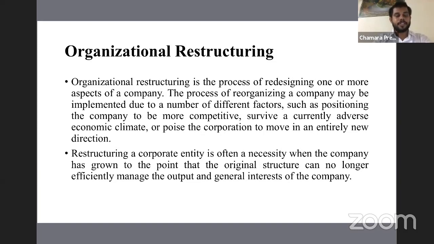Also, they may want to go in an entirely new direction, into an entirely new market, or maybe a global market. When they go there, the countries and environments are quite different, so they have to adapt and align to those differences. What happens is they have to make changes to their organizational structure as well, in order to adapt to these changes and overcome those barriers.